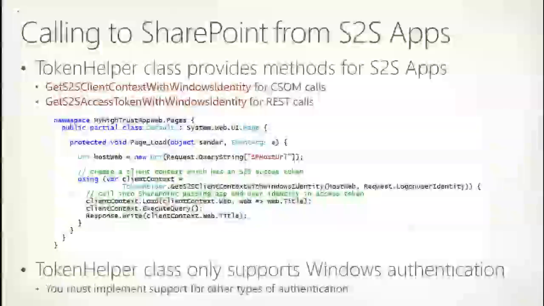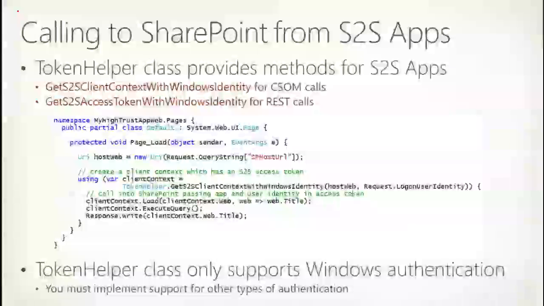No. You've got to look at those methods and figure out how to do the same thing with the FBA identity that they're doing with the Windows identity. And can you do it with Windows Live ID identities? Yeah, but same thing. The only starter code they've given us is for when we authenticate using Windows identity, which will definitely be the most common one inside of your on-premises farms, but not the only one. So that's a pain point that we have.